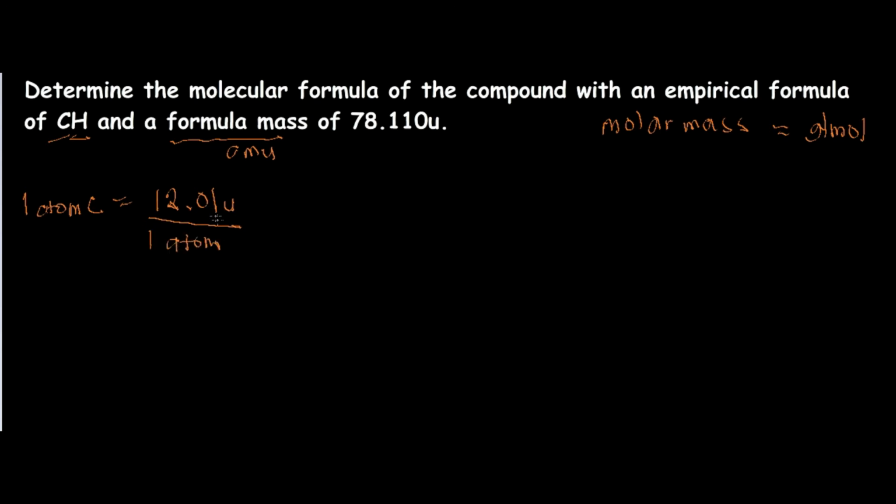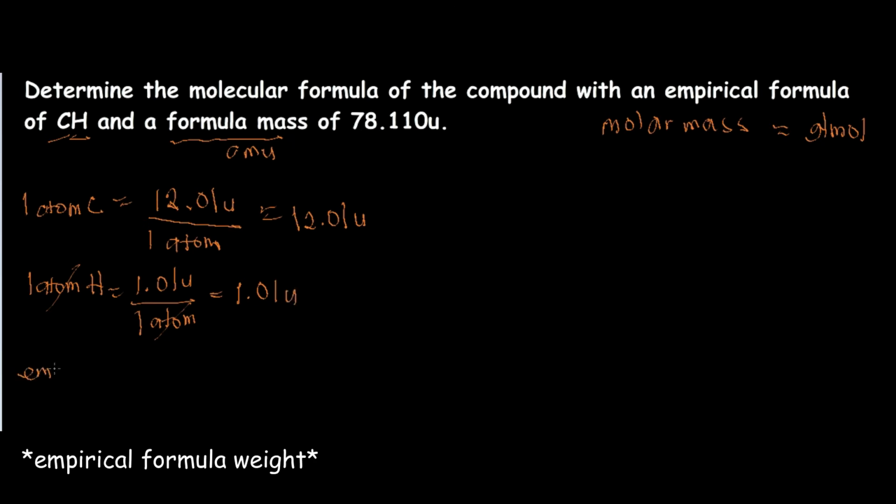Okay, so notice that the atomic mass and the molar mass are numerically equivalent. So this will give us 12.01 units. One atom of hydrogen is equal to 1.01 unit per one atom. So solving for unit, we will have 1.01 unit.